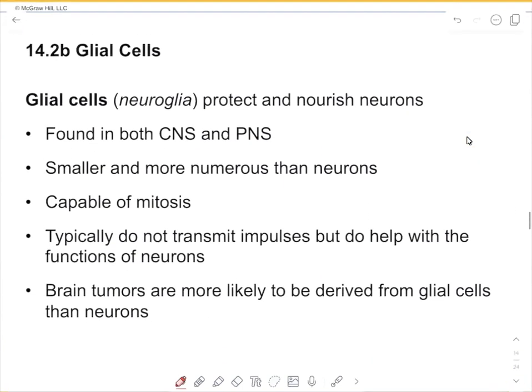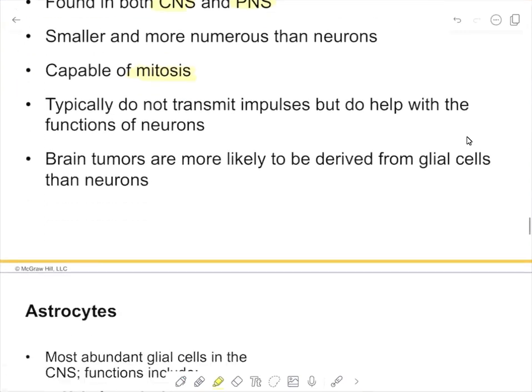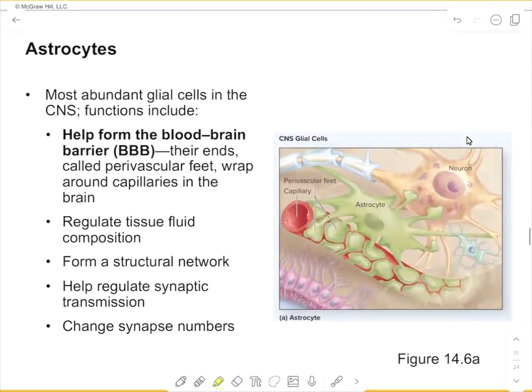The other types of cells that we have in the nervous system are glial cells. And glial cells are found both in the central nervous system and peripheral nervous system. Unlike neurons, they're capable of mitosis, which is cell division. And some of the examples that you should know, first of all, in the central nervous system are the astrocytes.